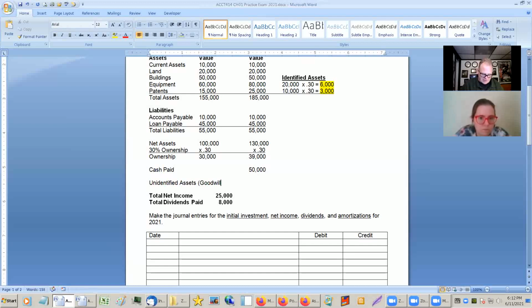I don't know why they came up with this term, unidentified asset. Because if you think about it, once you put a name on it, it is identified. It's goodwill. So this is probably the most important number: your percentage of ownership of the identified assets.